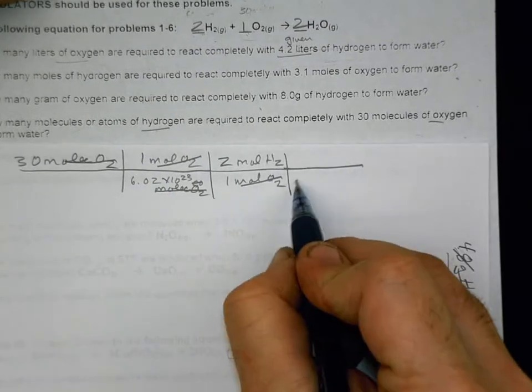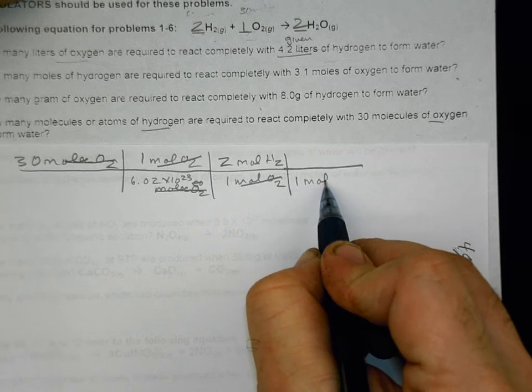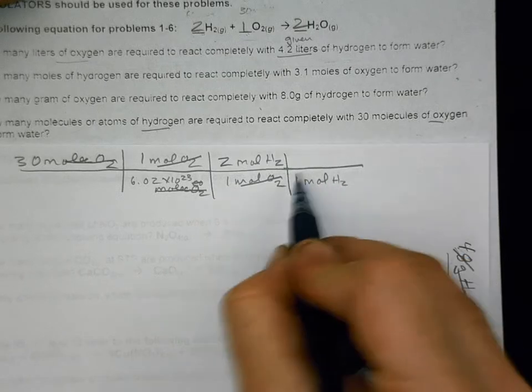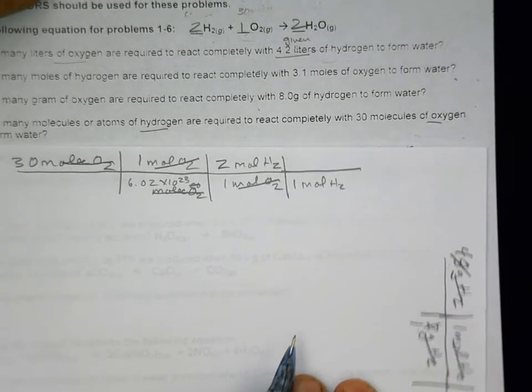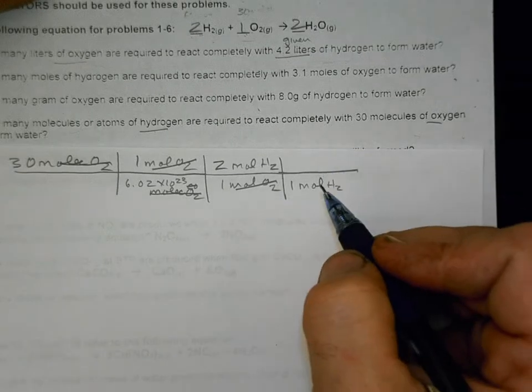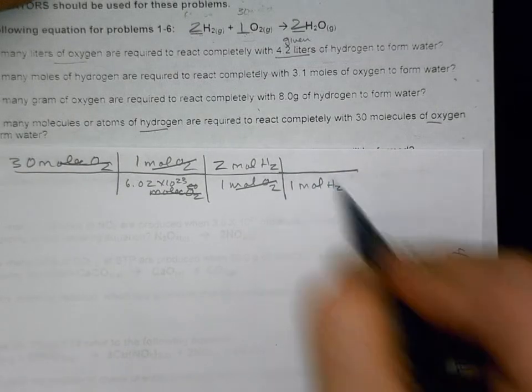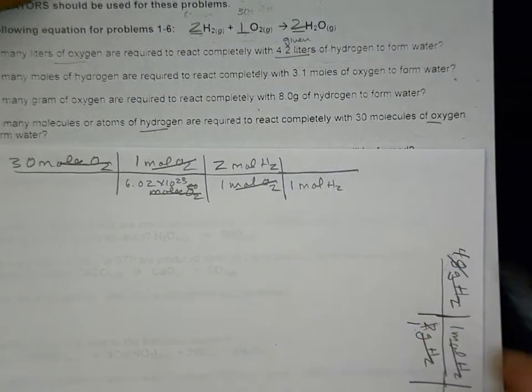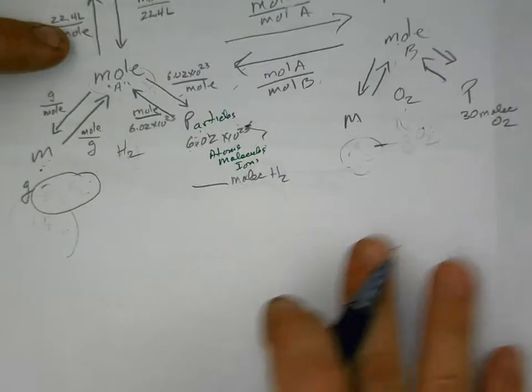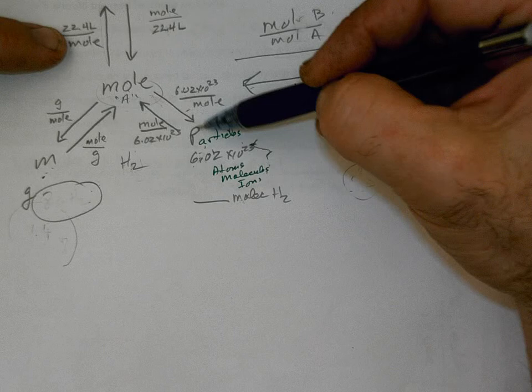Now we've got moles of hydrogen, and we just need to go to particles, because that's what we're looking for, molecules of H2, by multiplying by Avogadro's number. So 1 mole of H2 is how many molecules of H2? You look at your chart right here. We're going to particles.